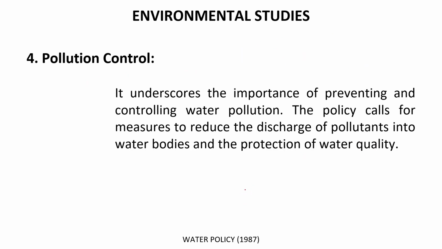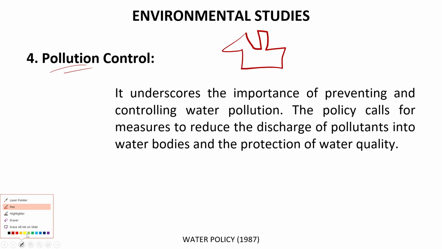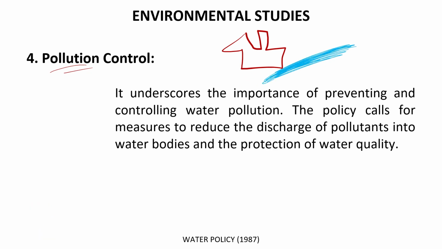All right, now let's move forward. Water pollution is the main concern. Like in the previous lecture, I told you, suppose this is a factory, and this is a water stream running from it.